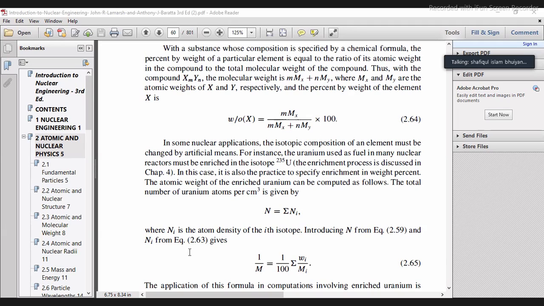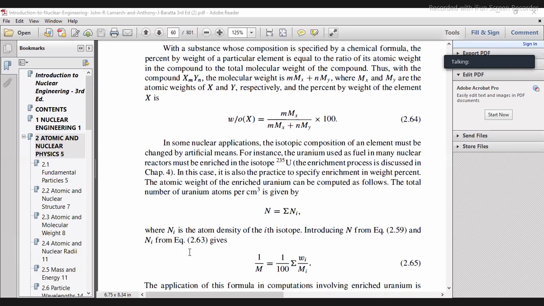So if you combine these two equations, finally the computation involves Mi, the gram atomic weight. Of course, I wrote it as gram atomic weight, and then we will get 1 by M.